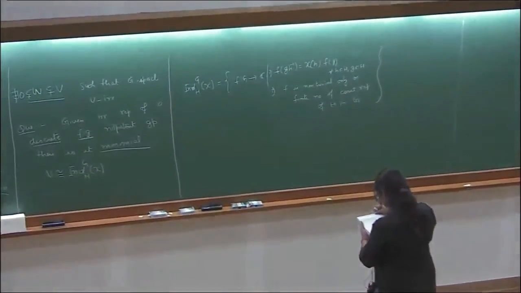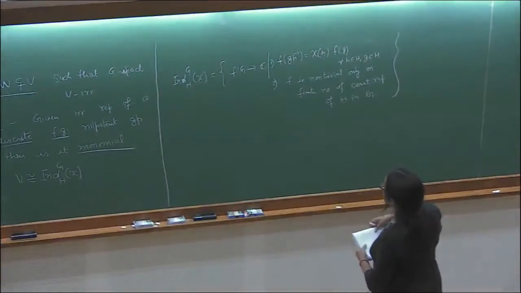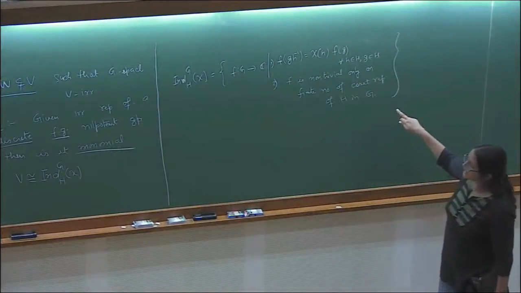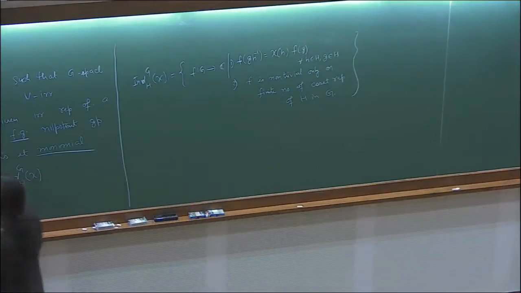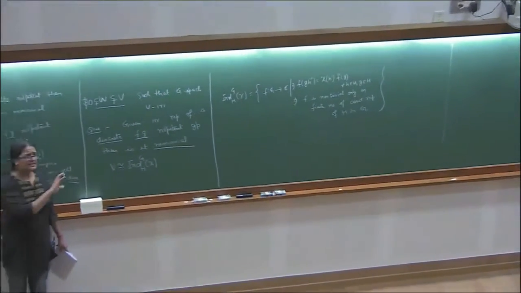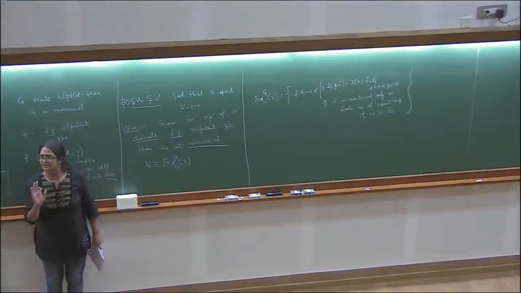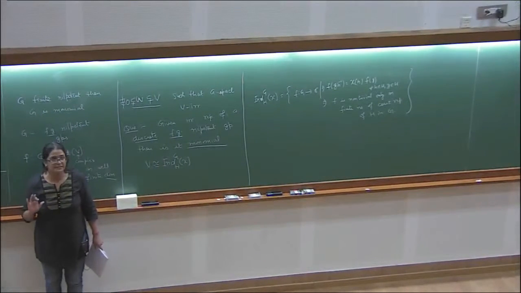Now let's look at a very simple example. Here I also want to say that I'm looking at discrete groups; there's no topology on the group. So I'm always thinking of these as discrete, finitely generated nilpotent groups. Let's look at a simple example, a finitely generated abelian group.